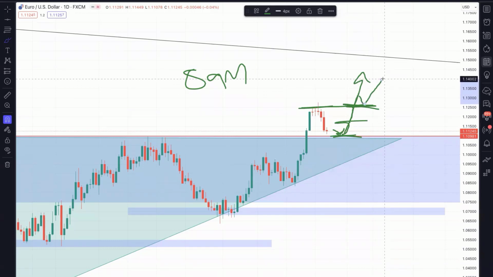Now, what I'm saying are all probabilities, but it is a high probability. You cannot have 100% hold of the market as an analyst.